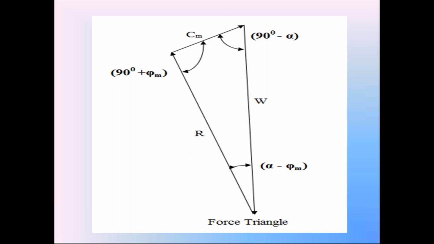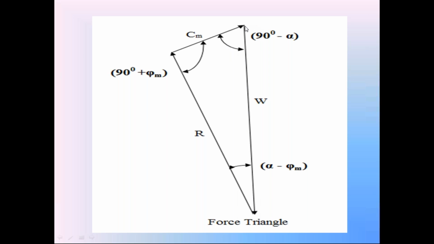So in the Cullman's method, the soil wedge ABD is in the equilibrium condition under the action of three forces W, CM, and R. By using those three forces, prepare this force triangle. First, prepare the weight W on the white paper.